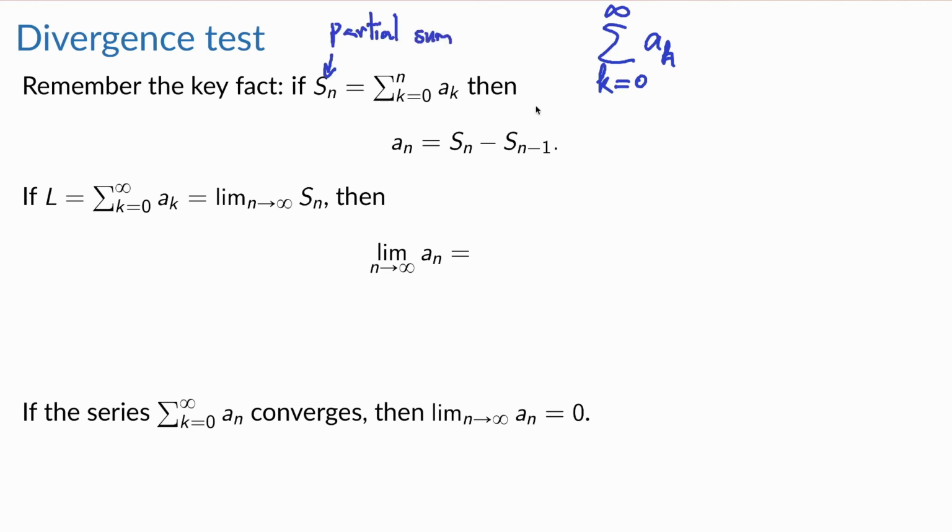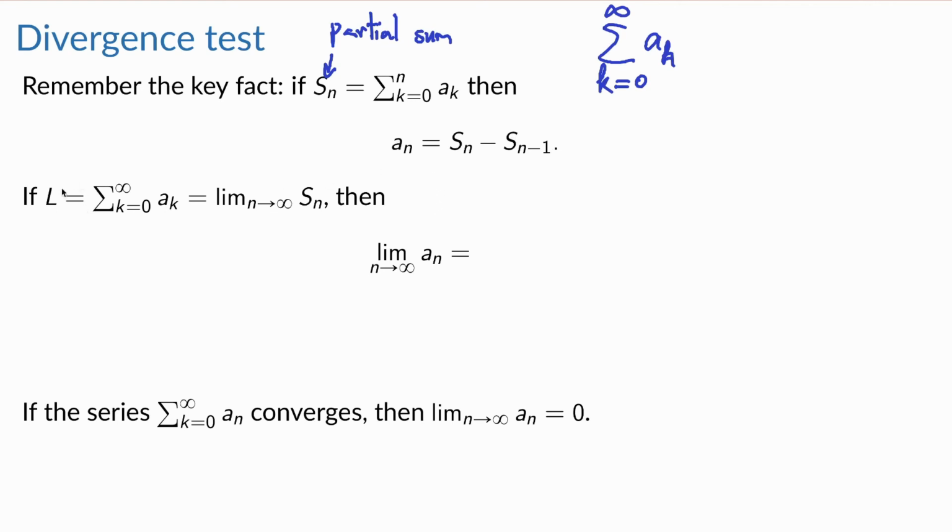So Sn is a partial sum of my series sum from k equals 0 to infinity of ak. But then a little bit of an algebra trick allows us to say that an is what you get by taking the partial sum with n many terms, but then you subtract off what you get from n minus 1 terms. It's the difference between the n minus first sum and the nth sum. It's just going to be an itself.